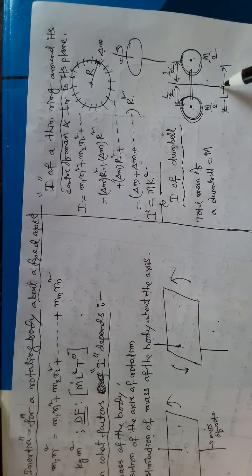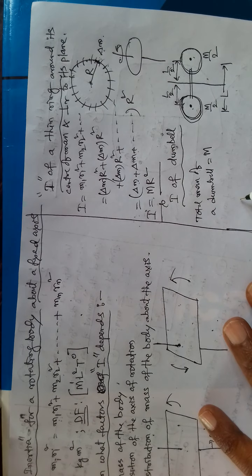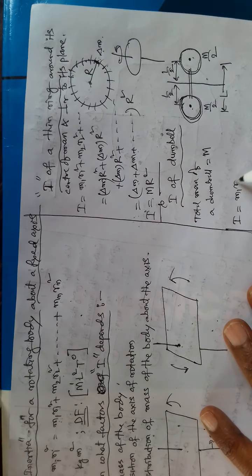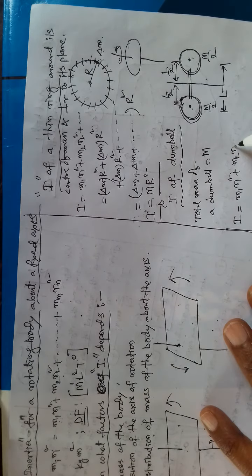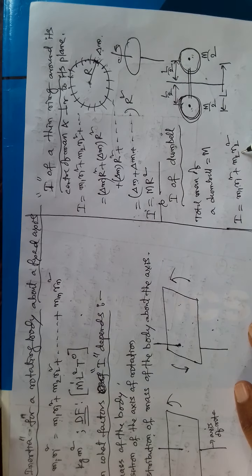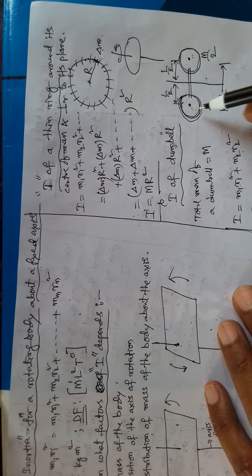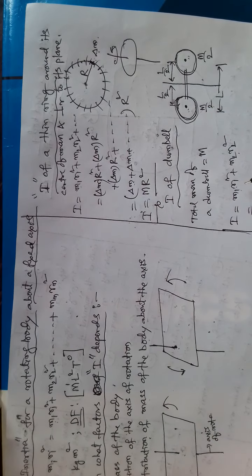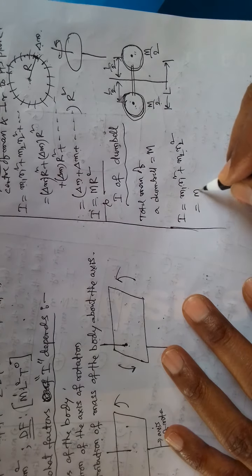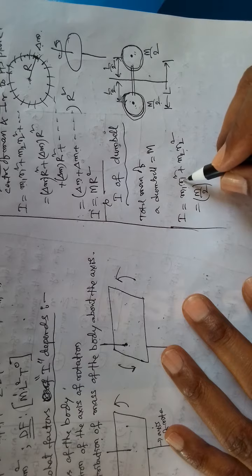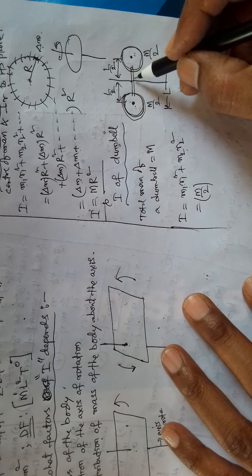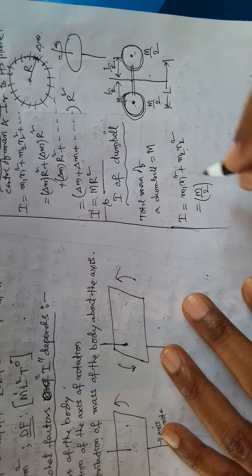Now about this axis of rotation, we have to find the I value. I is equal to m1 r1 square plus m2 r2 square. Here we have only two particles, therefore only two terms. m1 means its mass is m by 2. R1 is this distance, the perpendicular distance from the axis of rotation, L by 2.